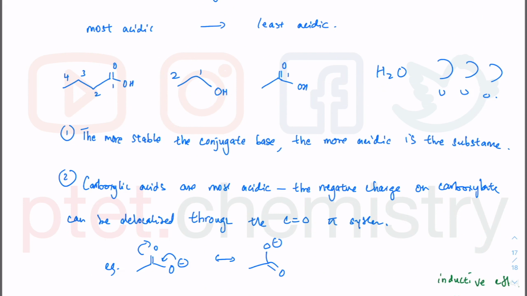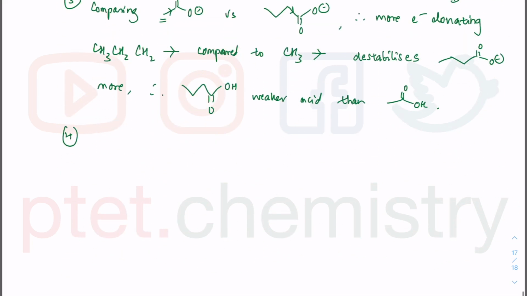Onto alcohol and water. If I have the alcohol, then this is the conjugate base versus HO minus.